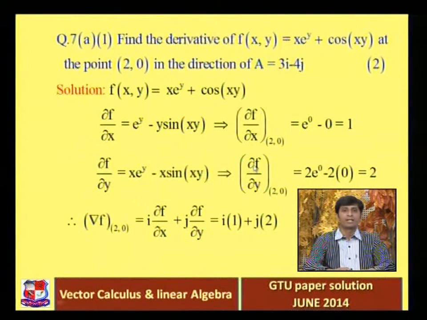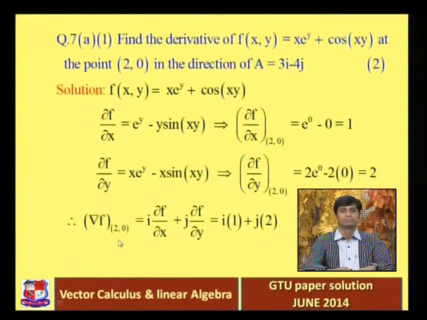So del f by del y at the point (2, 0) is equal to 2e^0 minus 2 into 0, that is equal to 2. So the gradient of f at the point (2, 0) is equal to i into del f by del x plus j into del f by del y, that is i into 1 plus j into 2.